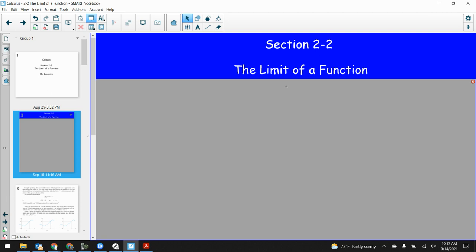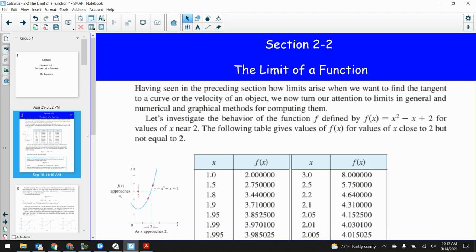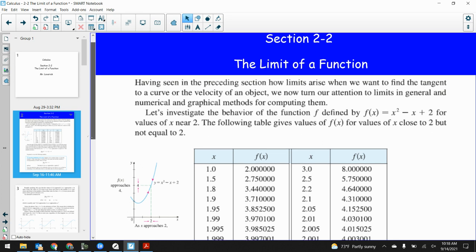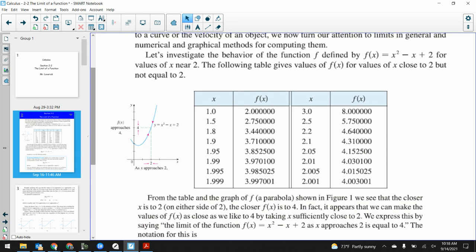All right, so having seen in the preceding section how limits arise when we want to find the tangent to a curve or the velocity of an object, we now turn our attention to limits in general and numerical and graphical methods for computing them. Let's first investigate the function x squared minus x plus 2. A simple parabola, right? If I were to graph this, it would not have any real zeros.